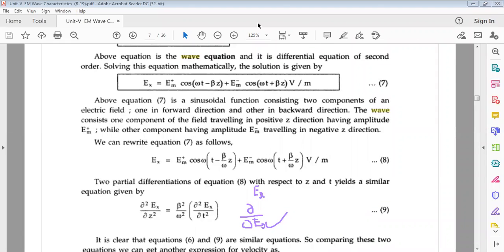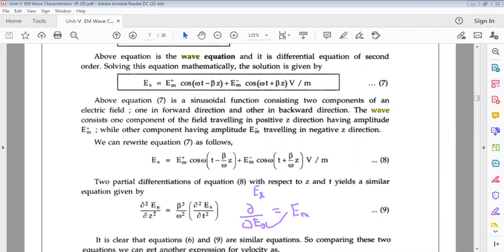First derivative, you can apply the first derivative, my dear students, for this Ex. dou Ex is equal to Em plus cos omega t minus beta by omega into z. You can apply that, it is a sine term.